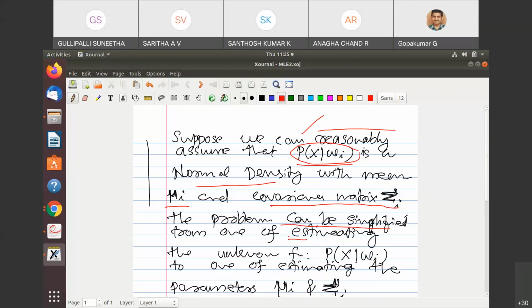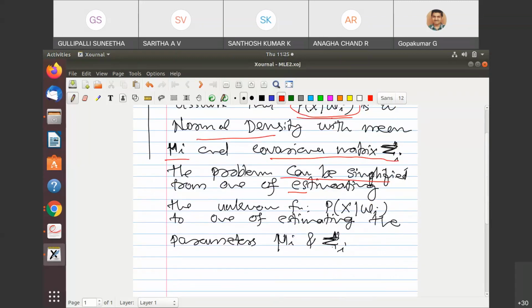Actually, what we have to estimate is this class conditional density function, but that is going to be a challenging one. So we will try to simplify the problem. Instead of finding an unknown function, because we don't know the original function from which we obtained the training data sample, we assume that it is close to a normal density function.